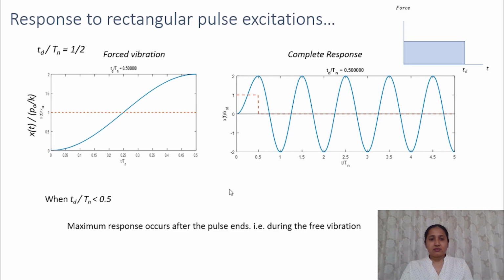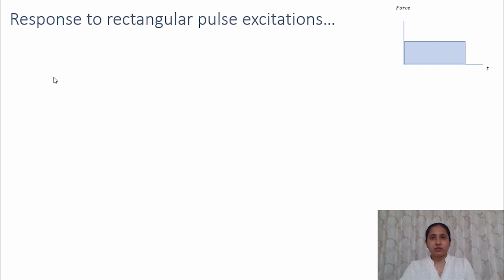In this case, the maximum response occurs at the last moment, when the pulse ends and the free vibration starts. So when td by tn is less than half, the maximum response happens during the free vibration phase, that is after the force stops. Now let's find the response for some other values of td by tn.